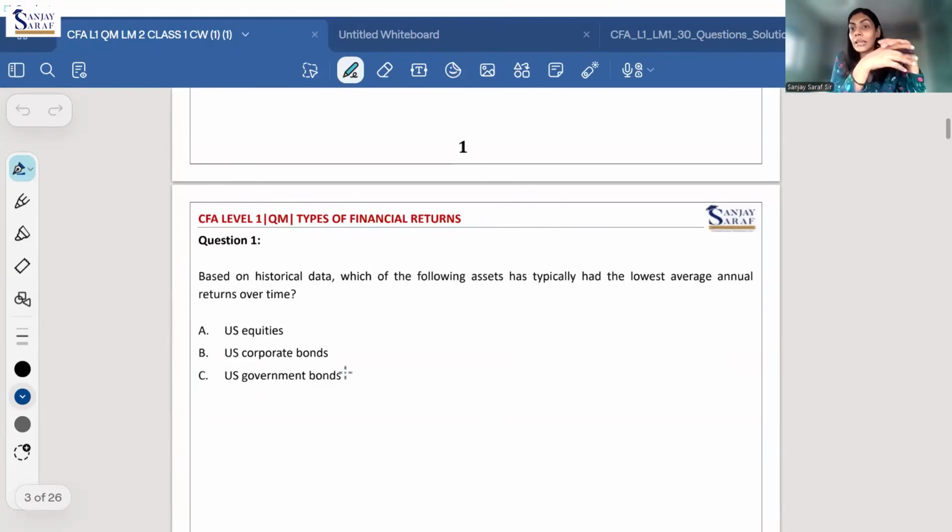Just wanted to highlight one more point, maybe. So if we have the arithmetic mean return for a security and we have the geometric mean return for the same security, can we determine the risk from the two returns?